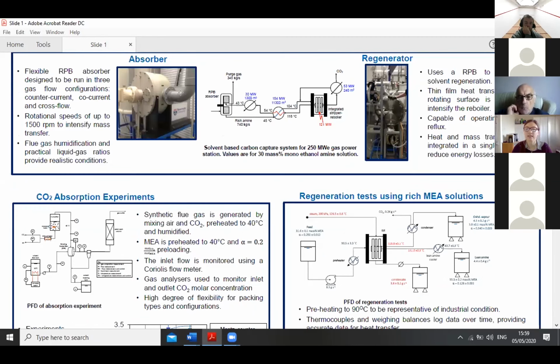That's driven by an electric motor driving the RPB, and the main energy cost is because you've got a liquid that starts at rest as it's introduced, and then has a velocity as it leaves the bed. So that's the main energy cost, because it's continuous and you can't really recover it.